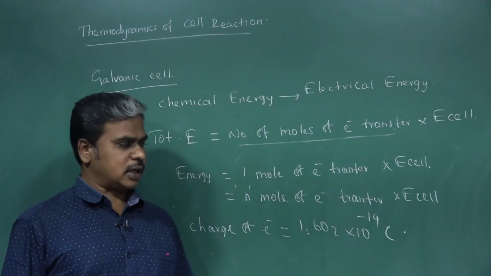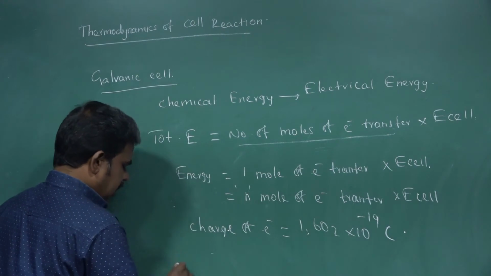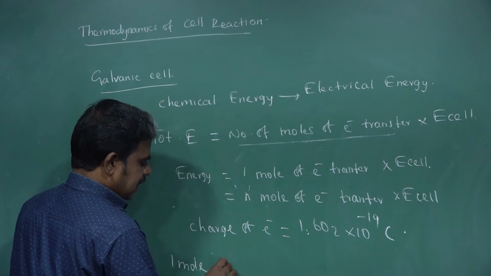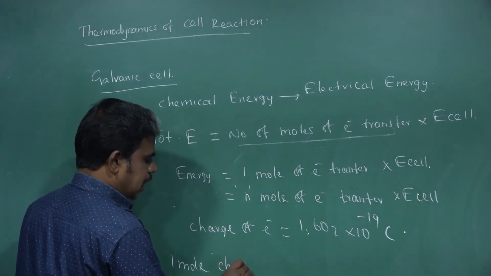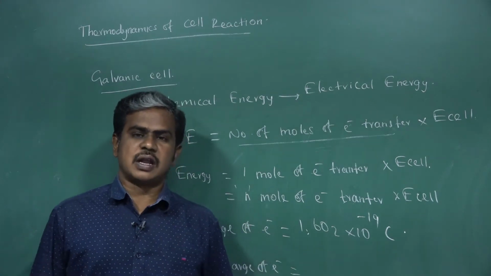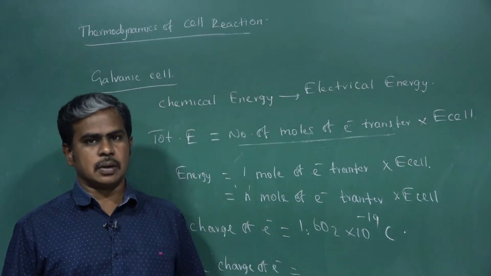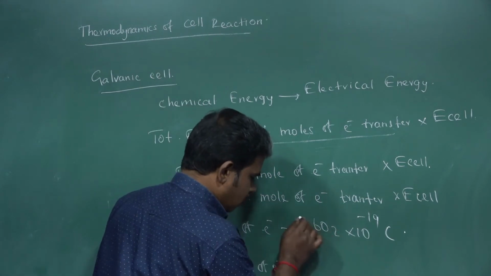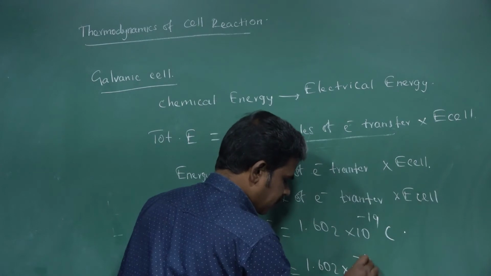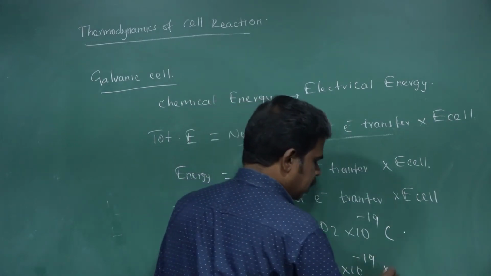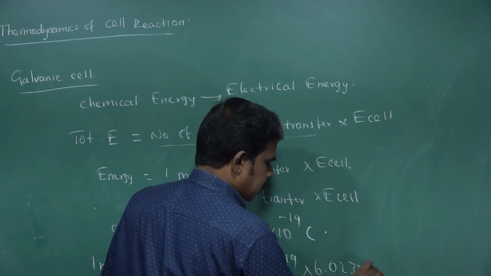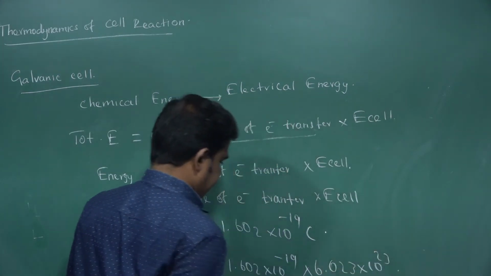If we take 1 mole, we multiply with the Avogadro number. So, for 1 mole of electrons, it is 1.602 into 10 power minus 19 coulomb into the Avogadro number, 6.023 into 10 power 23.